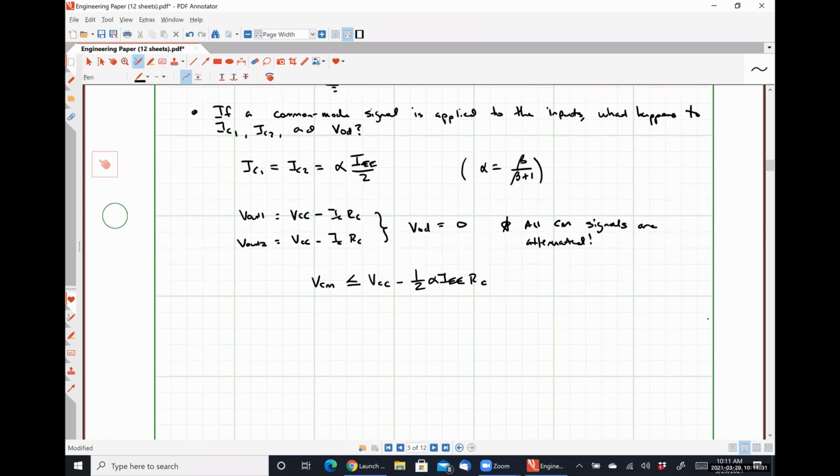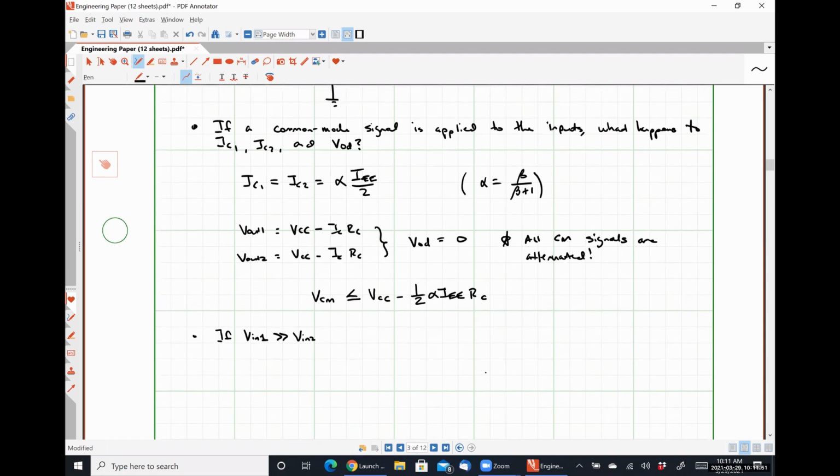we got our common mode rejection down. Now let's consider what happens if VN1 is much larger than VN2, so that we're still dealing with a large signal analysis here. What happens to IC1, IC2, and our differential voltage VOD?